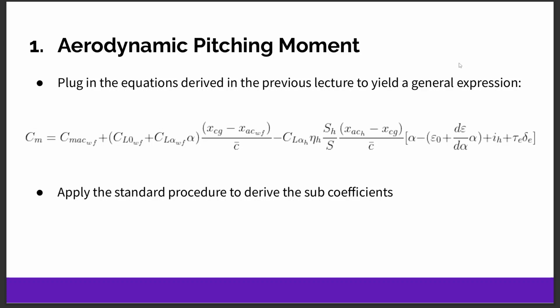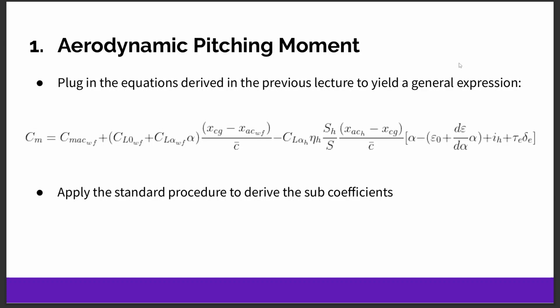And as for the angle of attack of the tail, you can see that the alpha tail has been replaced by the expression that we had found in the previous lecture, that is alpha minus epsilon 0 plus d epsilon over d alpha alpha, and this is equal to epsilon, the downwash angle, plus IH, the horizontal stabilizer's incidence, and tau E times delta E, with tau E being the elevator's effectiveness and delta E the elevator's deflection.